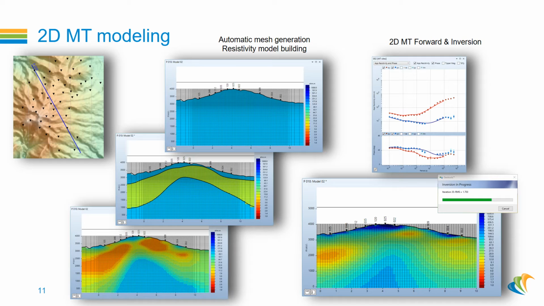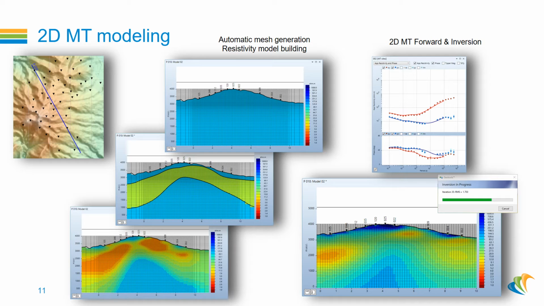Starting just from survey layout in case of a synthetic study or from real MT data, Geotools users with the 2D MT modeling module will be able to set up their starting resistivity models and run 2D MT forward and inversion calculations directly on their computers. 2D models are multi-property objects, meaning that for one mesh geometry it's possible to generate and save in the database more than one resistivity property.